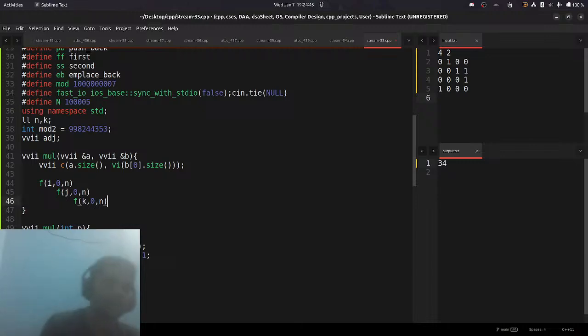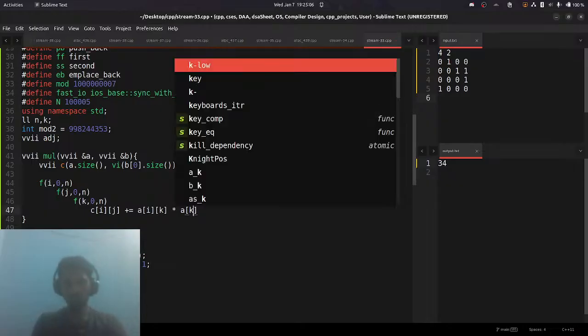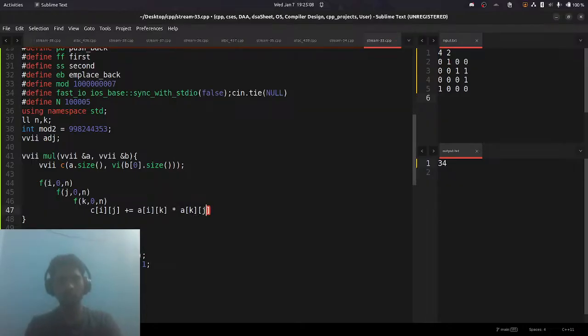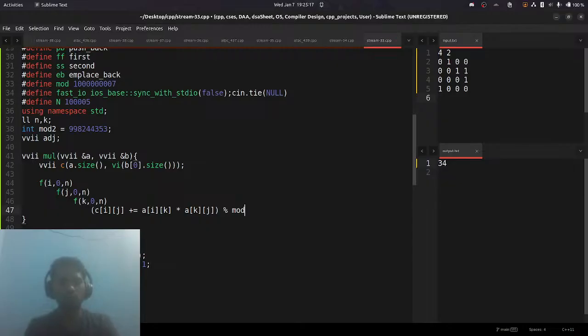For each k, we will just add to C of ij plus equal to A of ik multiplied by B of kj, and the entire thing will be modded, of course, and the mod is 10 to the power 9 plus 7 only.